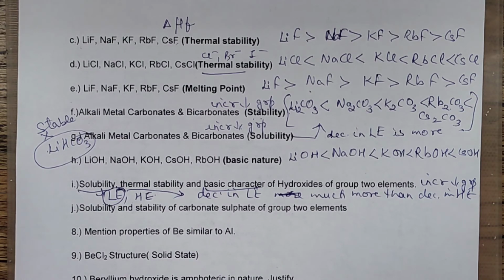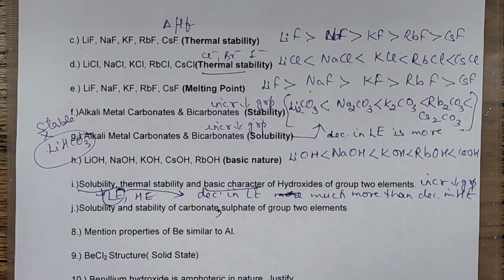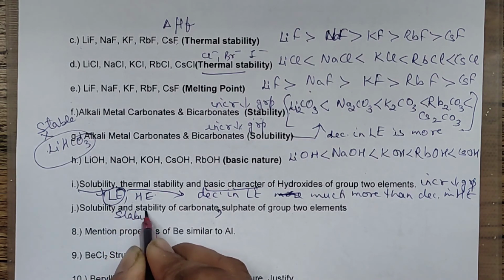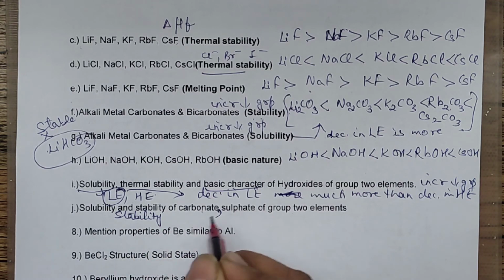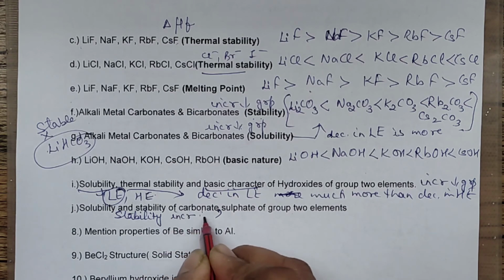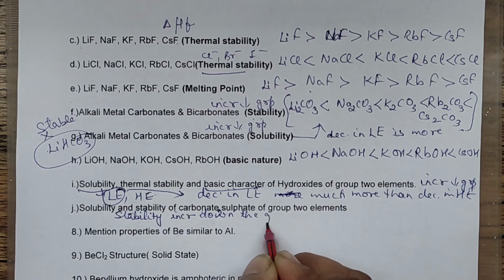Now, if you are asked to arrange the solubility and stability of carbonates and bicarbonates, these are two different things. You will see that stability, in both the cases, carbonate and bicarbonate, increases down the group. The reason is that larger anions will form a stable compound with a larger cation.